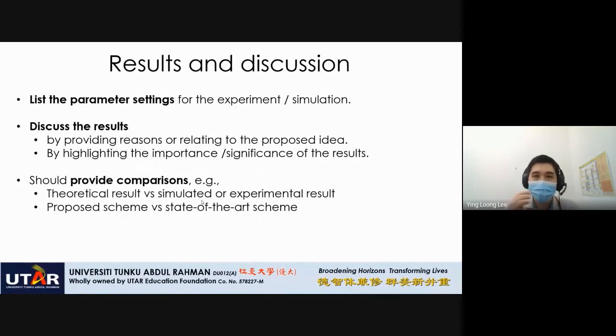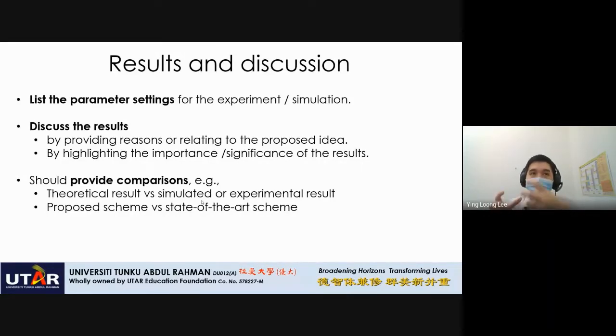For example, your proposed power allocation scheme has outperformed the existing scheme because the proposed scheme uses machine learning to train and learn the channel environment efficiently or effectively.